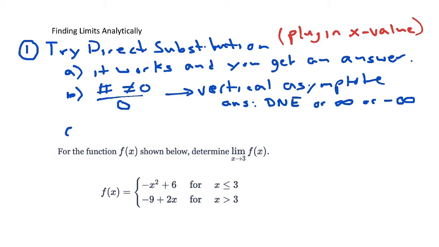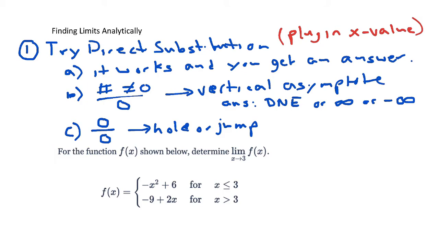The third thing that can happen is you get 0 over 0. And if you get that, that is either a hole or a jump in the graph. It's either a hole or a jump in the graph.